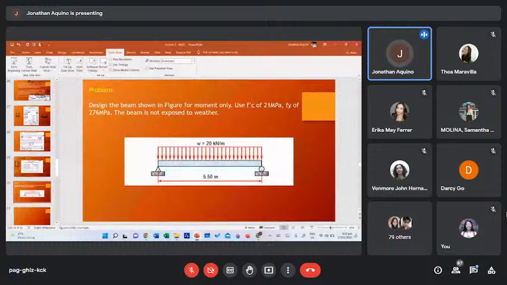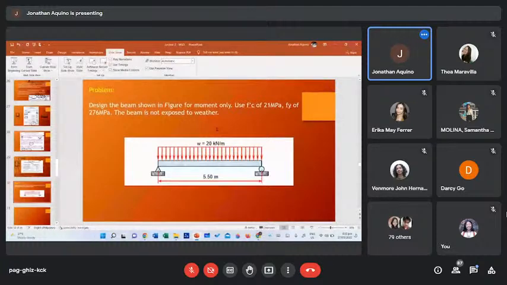Okay. So let's try this simple problem. Simply supported beam with span length 5.5 and total load of 20 kilonewton per meter. So the concrete strength at 28 days is 21 megapascal and 276 megapascal reinforcing bars.